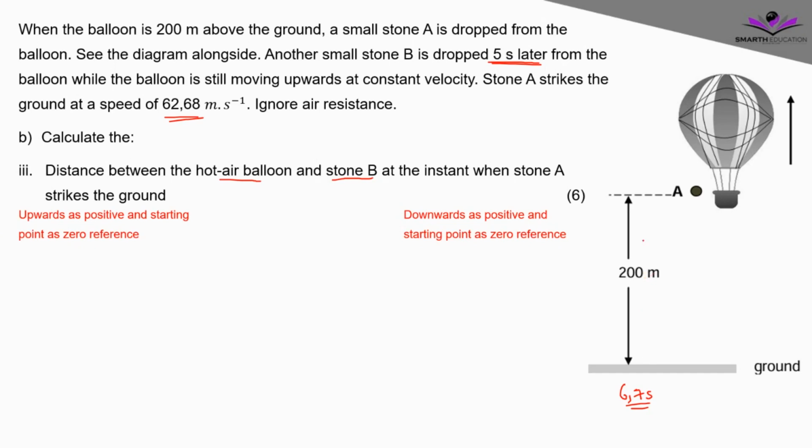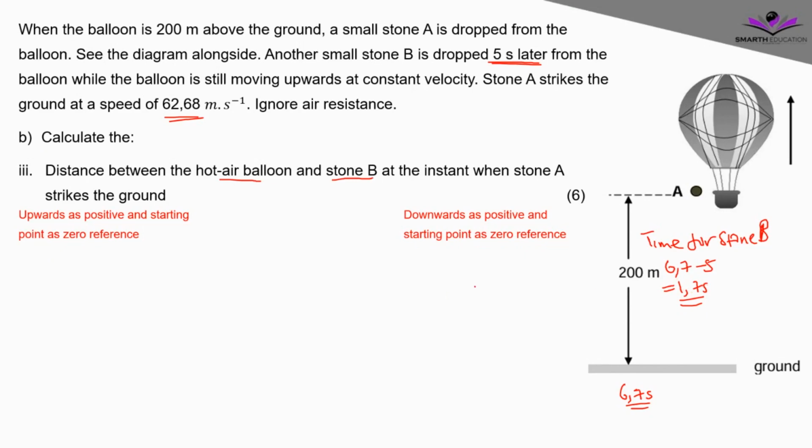It means stone B has only traveled for 1.7 seconds, isn't it? Let's say time for stone B will be 6.7 minus 5, which is 1.7 seconds. So by the time stone A hits the ground, stone B has only traveled for 1.7 seconds.